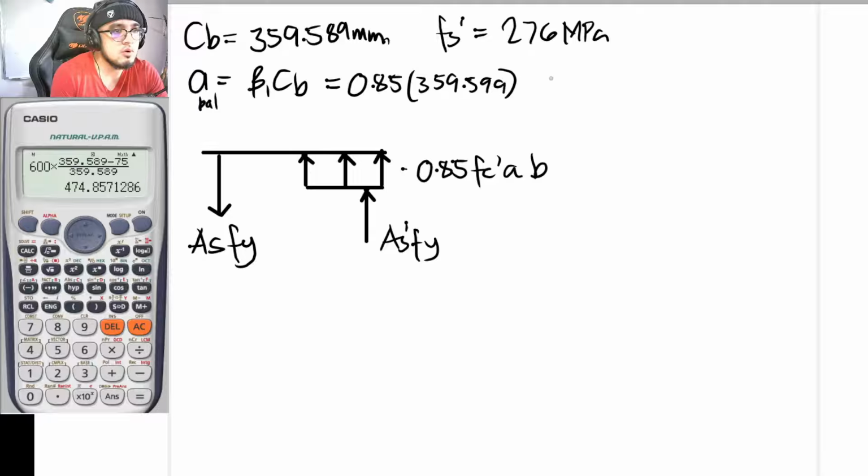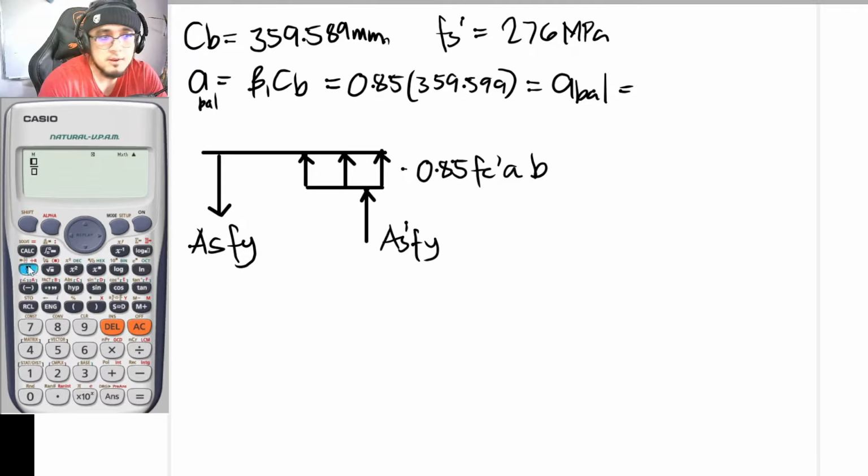359.589. So our A balanced is to be equal to, looking at the calculator once again, 0.85 times 359.589. Answer here is to be 305.65.